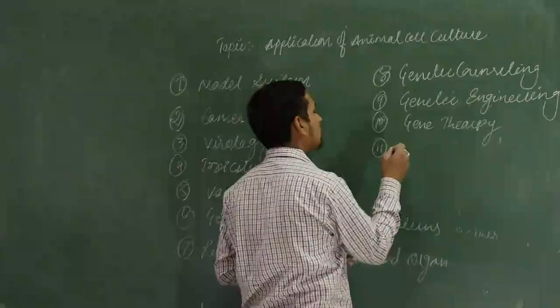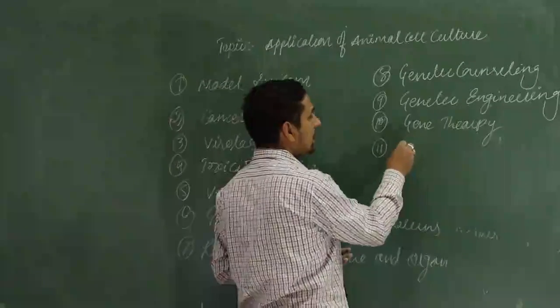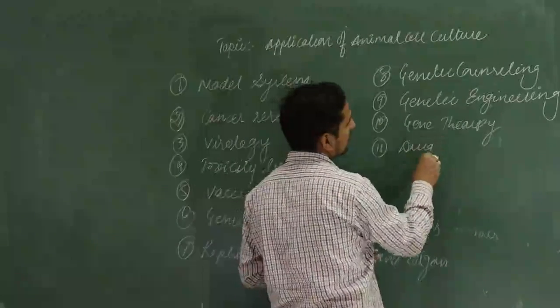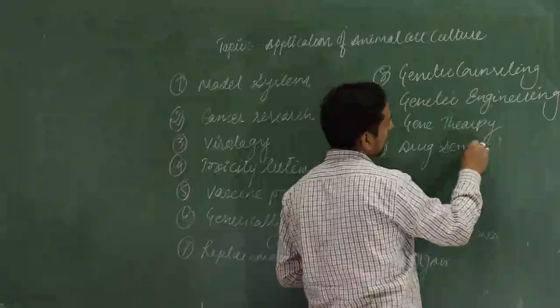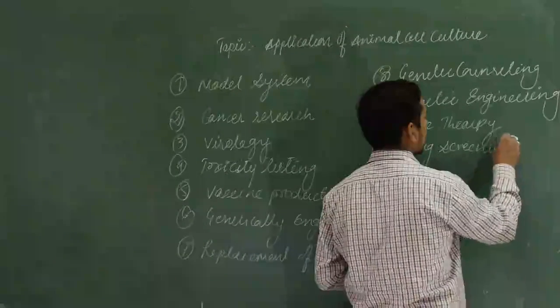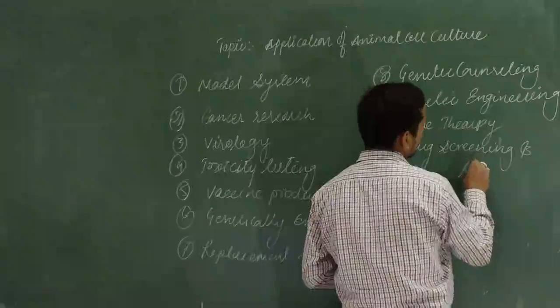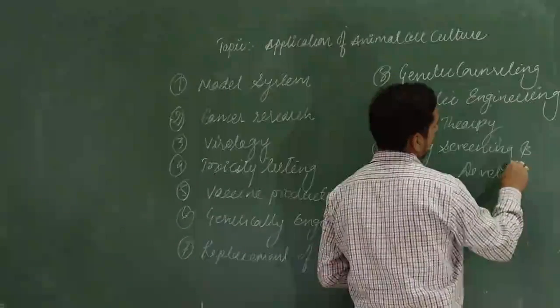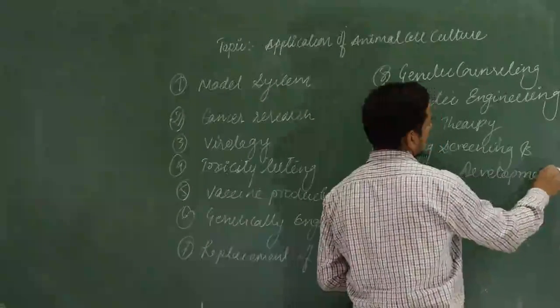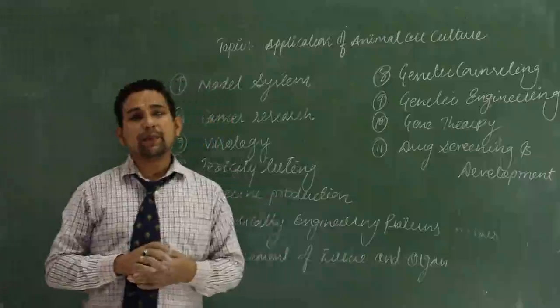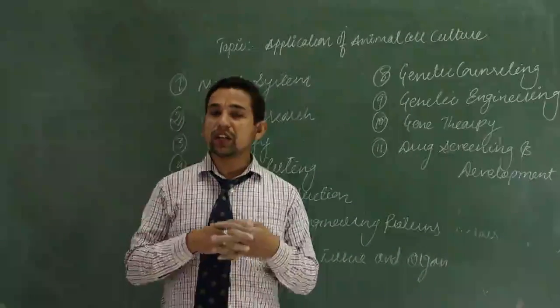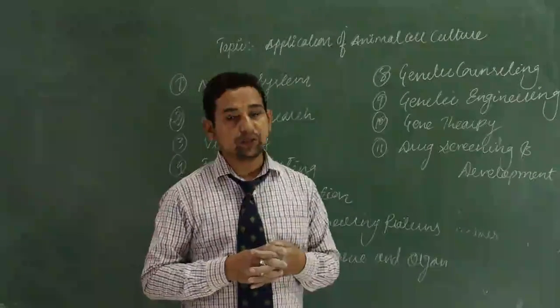Next is drug screening and development. The next area of application of animal cell culture is drug screening and development. Animal cell cultures are also used to study the cytotoxicity of new drugs.